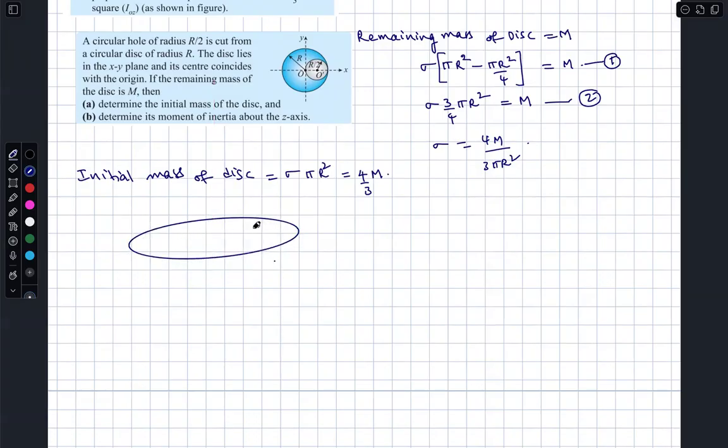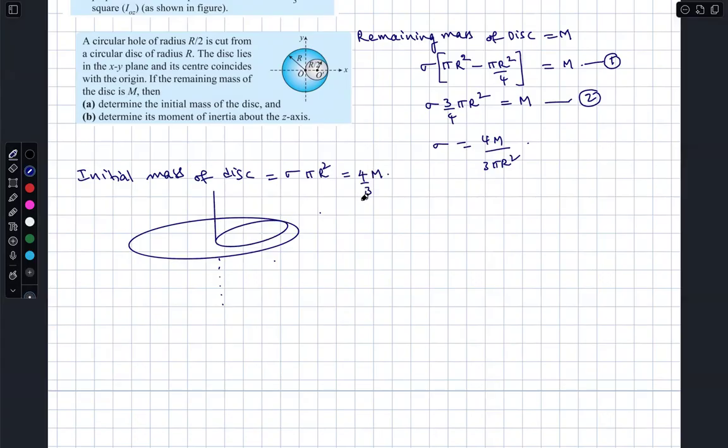Now this is the disk. This is the cut portion. Maybe not good in diagram. This is the disk actually. It should touch like this.